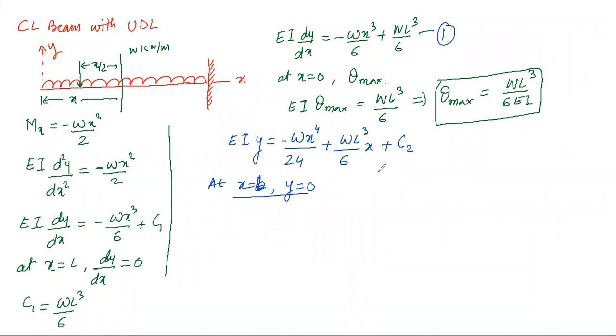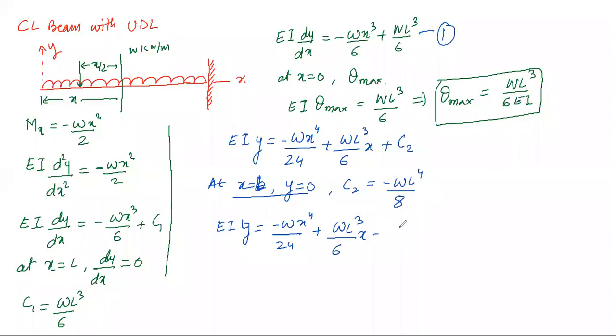So the value of C2 can be written as minus WL to the power 4 by 8, right? So your expression is defined as EIY is equals to minus WX to the power 4 by 24 plus WL cube by 6x minus WL to the power 4 by 8, right?